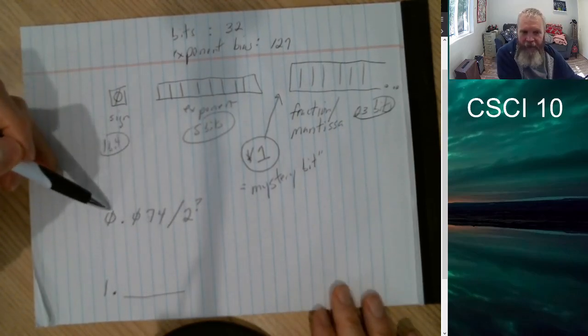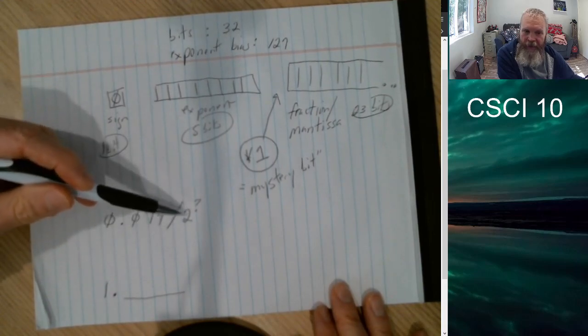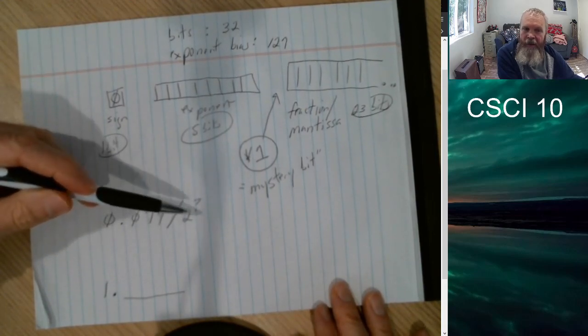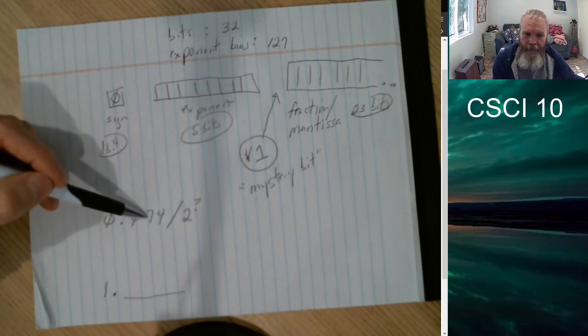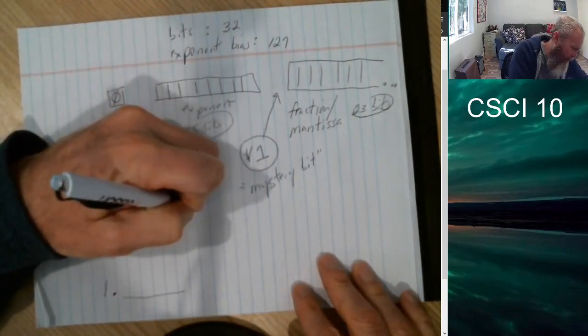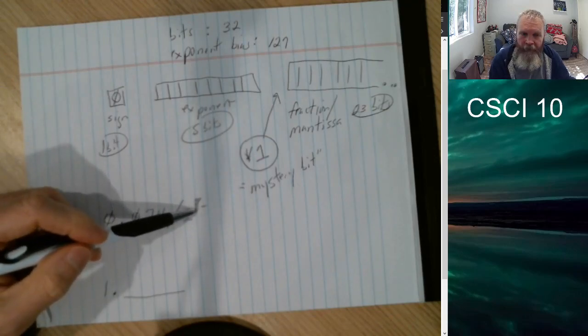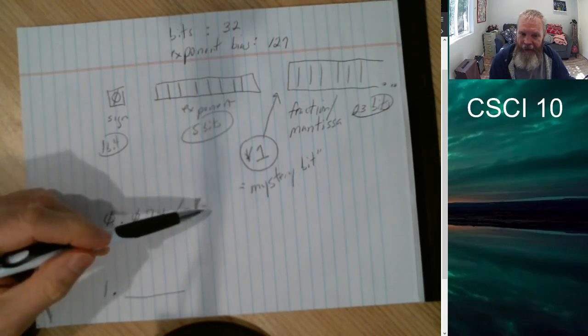Okay, so we have to get from 0.074 to 1 point something by dividing by 2 to some power. Now the trick is dividing this by 2 is going to make it smaller. So we're actually going to have to divide it by negative powers, which is the same as multiplying it by that.